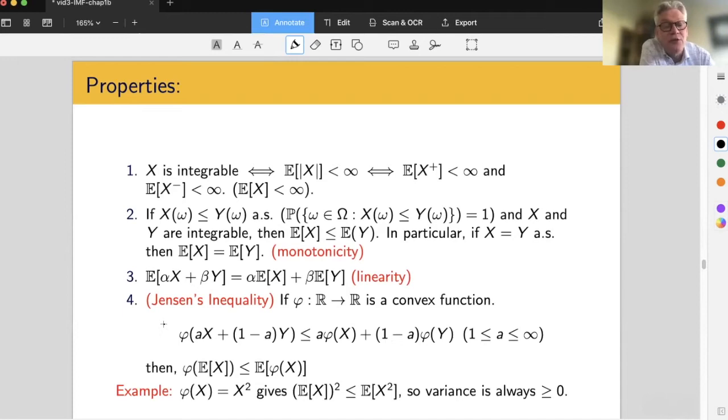If we, for example, choose phi(x) being x squared, and we use that property 4, then this gives us that the expectation squared is less or equal to the expected value of X squared. So the square of the expectation is less or equal to the expectation of the square. And if we look at this a bit deeper and remember the definition of the variance, we see that this actually tells us that the variance is always non-negative.